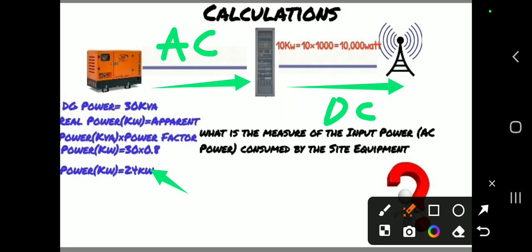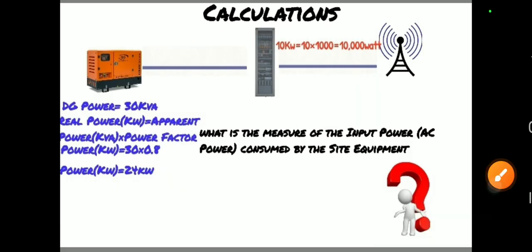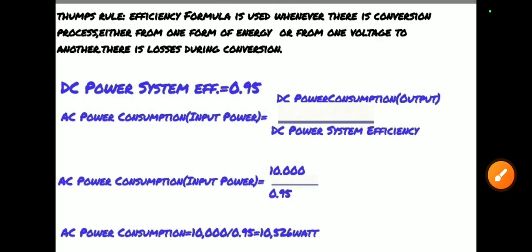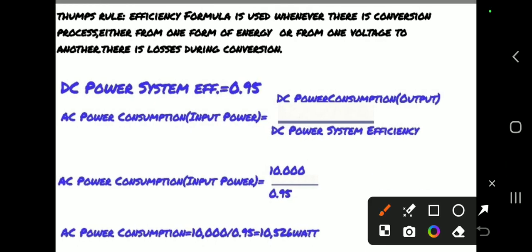To convert this DC power to AC power, if we have the data for DC, we can transform that to AC consumption with the help of the efficiency formula. Efficiency is equal to output over input. With the efficiency formula, we can get the output, which is the AC consumption of that telecom equipment.